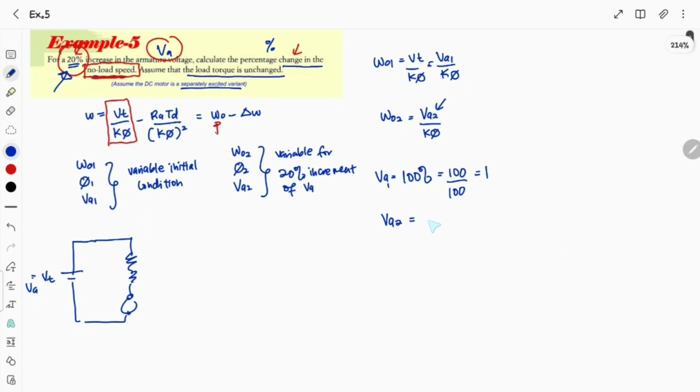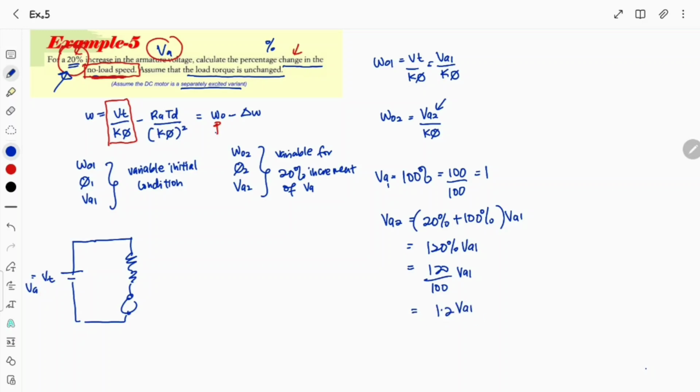So how much is your VA2? VA2 is 120% of VA1, or 120 over 100 of VA1, which gives you 1.2 of VA1.